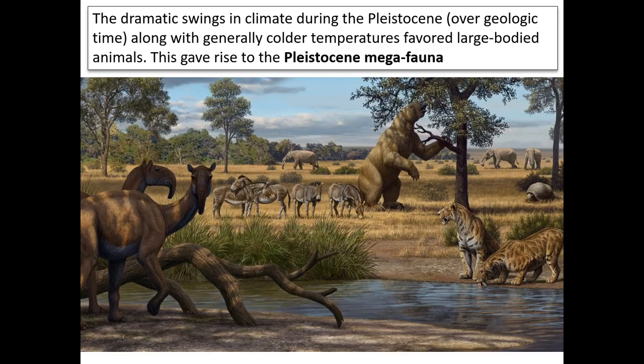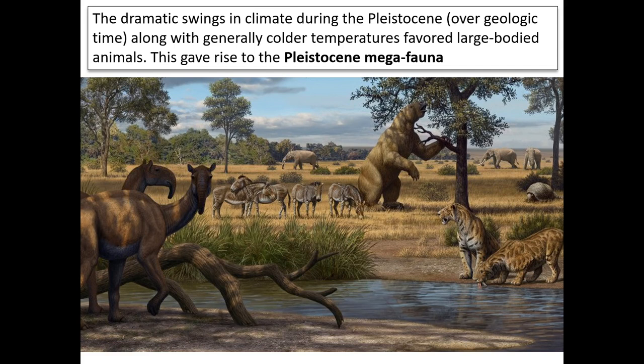Okay, so anyway, what happened during the Pleistocene is a pretty remarkable evolution of the fauna, the mammals. Well, actually, not just mammals. All the major groups of animals went through this similar trend of becoming very large.